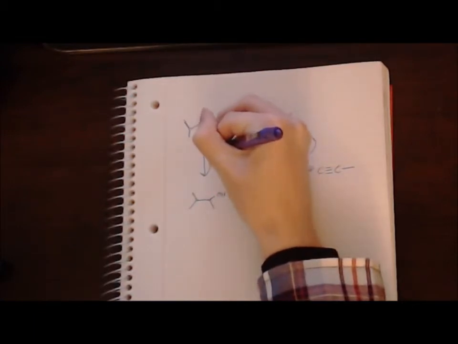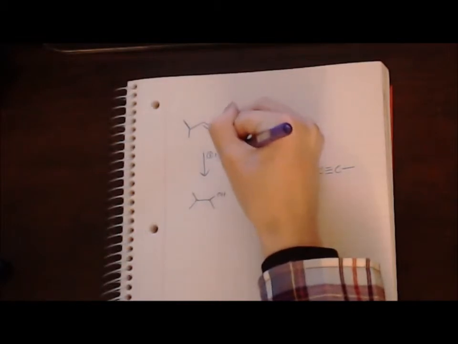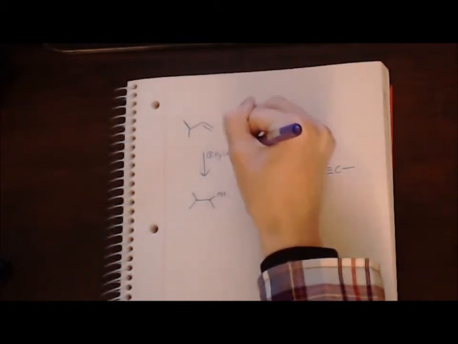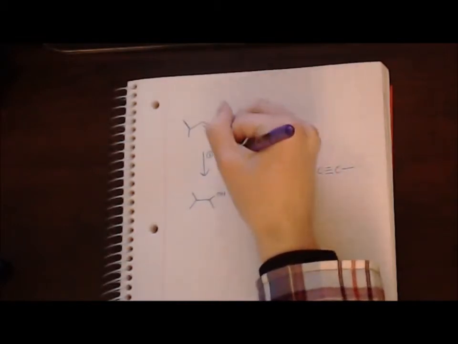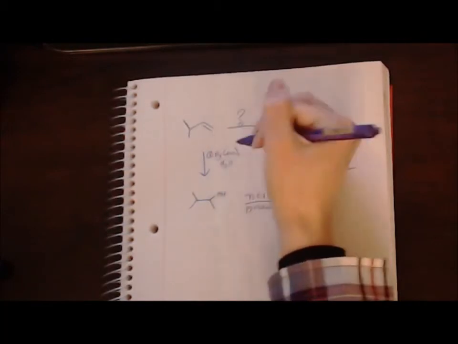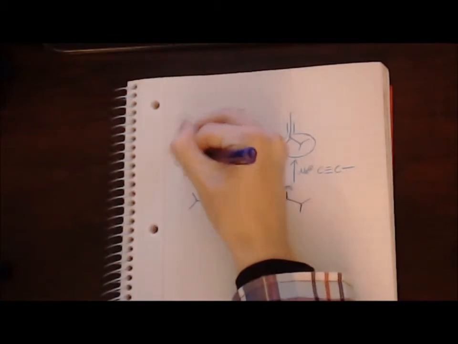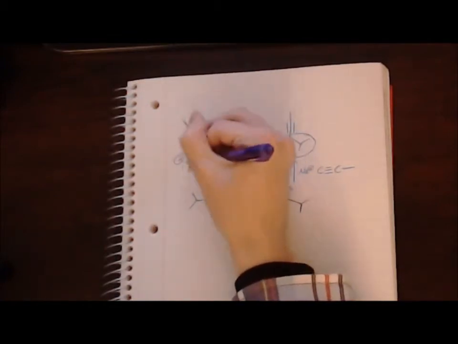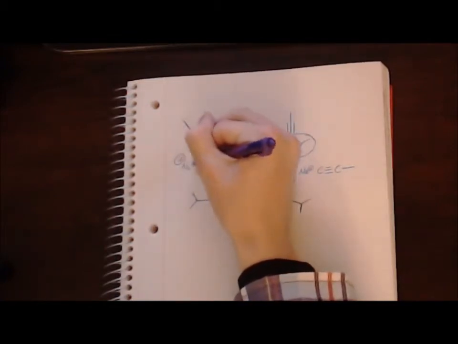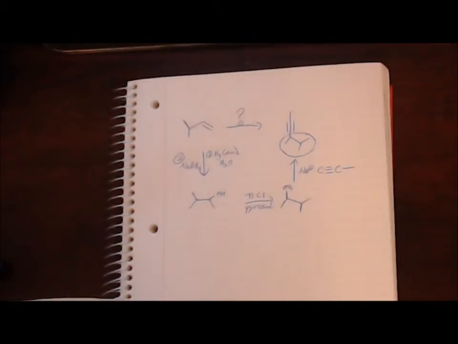So with this, we just add all this with H2O, and then in order to make sure it does what we want, we add sodium with a BH4. And that's how you do a synthesis problem.